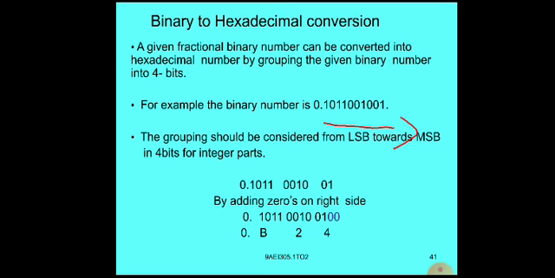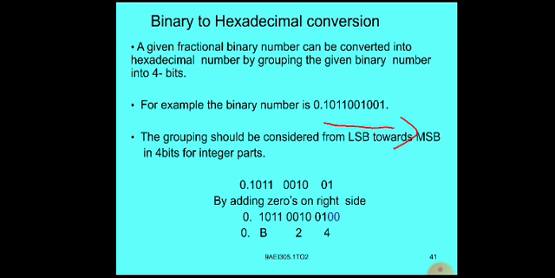Okay. There are 3 groups, and 2 groups having 4 bits each, and the last group having only 2 bits. So you add zeros to the rightmost position, then you will get 0100. Okay.